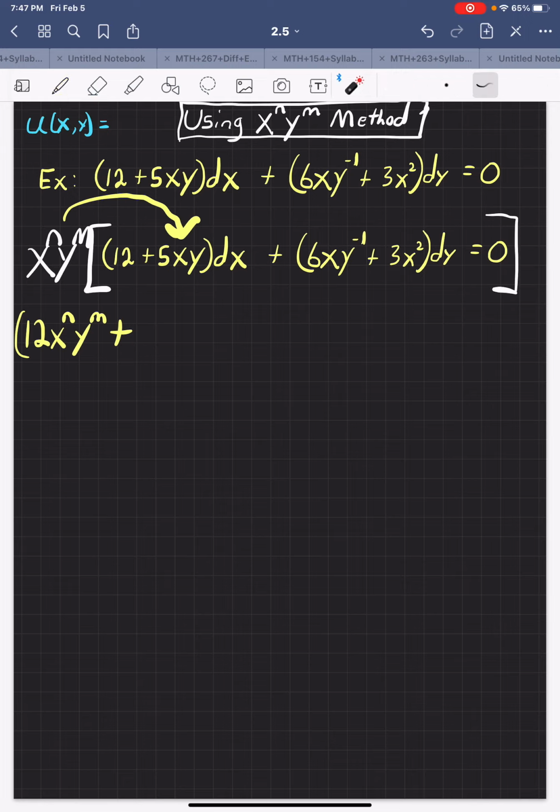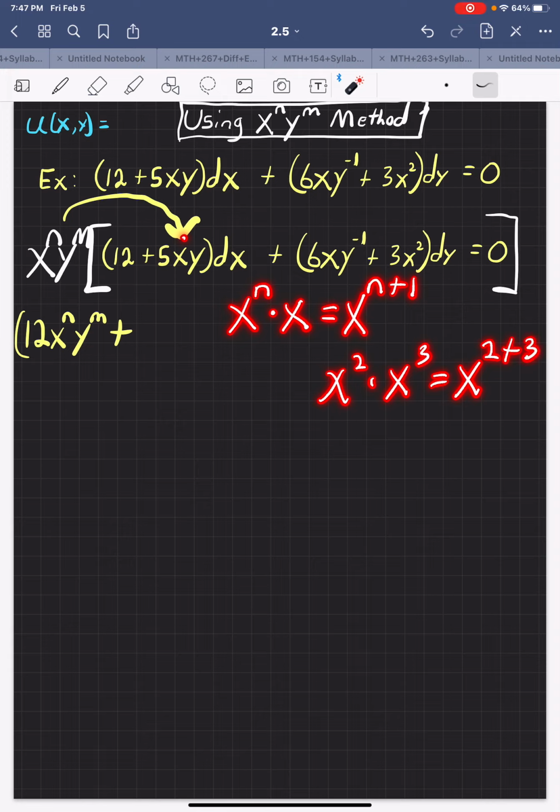Okay, so does it make sense that when you have x to the n times x, that's just x to the n plus 1? Just like x squared times x cubed is x to the power of 2 plus 3. If like bases, add exponents.